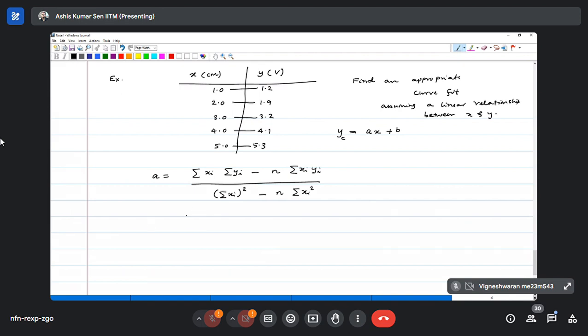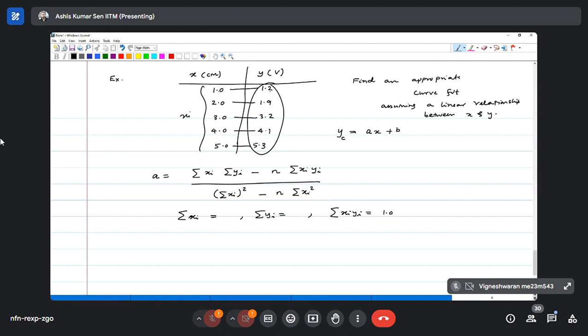So you can find out sum xi from here, right? These are all xi's, so you can find out sum xi. Similarly, you can find sum yi. If you add them together, you'll find sum yi. Sum xi yi is that you have to multiply them, right?